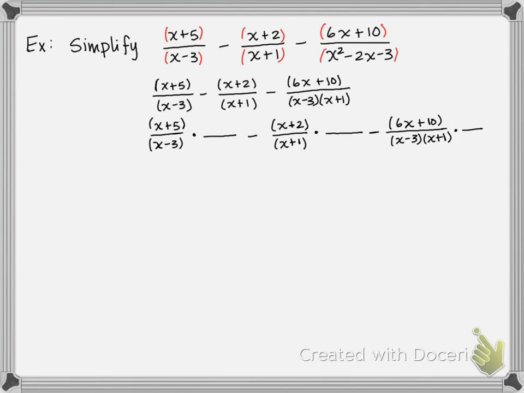So it looks like for that first fraction I need an x plus 1 over x plus 1. In the second one, I need an x minus 3 over x minus 3. And then the third one, I don't need anything.